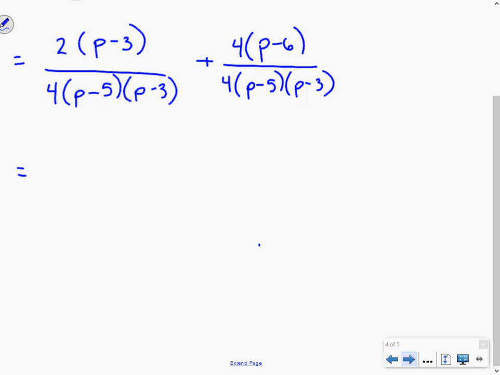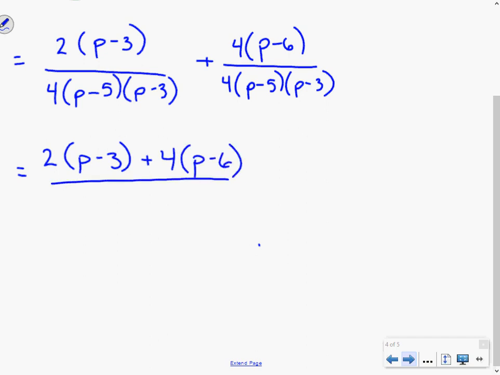Right now, if I just leave my numerator as this, I won't be able to actually cancel out any common binomials or common factors because in the numerator there, we have addition between terms. That plus sign right there makes it so that we are not allowed to cancel out the p minus 3, that common binomial that you see right now.